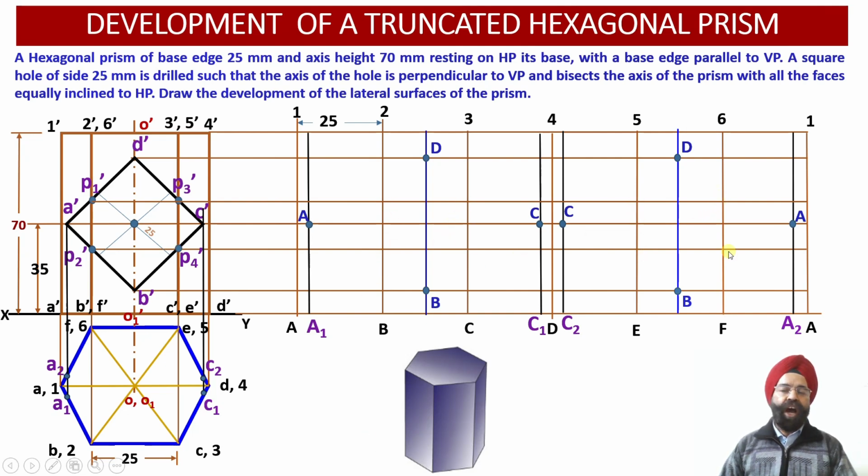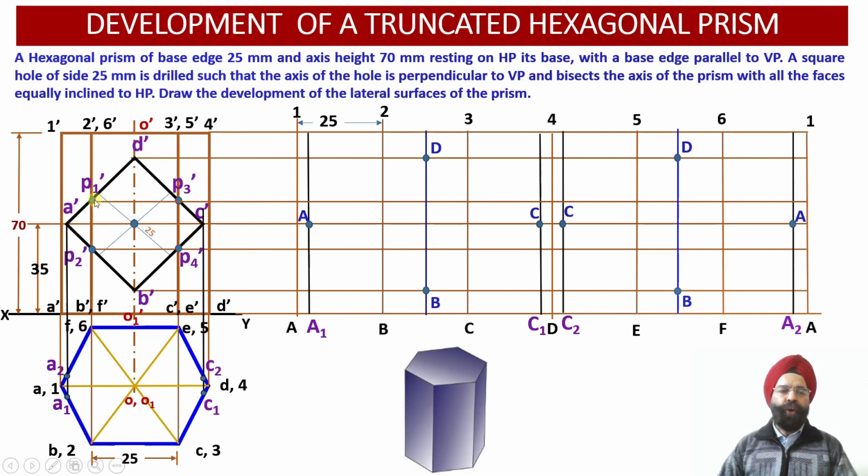We have evaluated that these 2 points P1 dash and P2 dash happen to be points of intersection of the square hole edges A dash B dash and A dash D dash with the vertical edges of the hexagonal prism 2 dash B dash and 6 dash F dash.